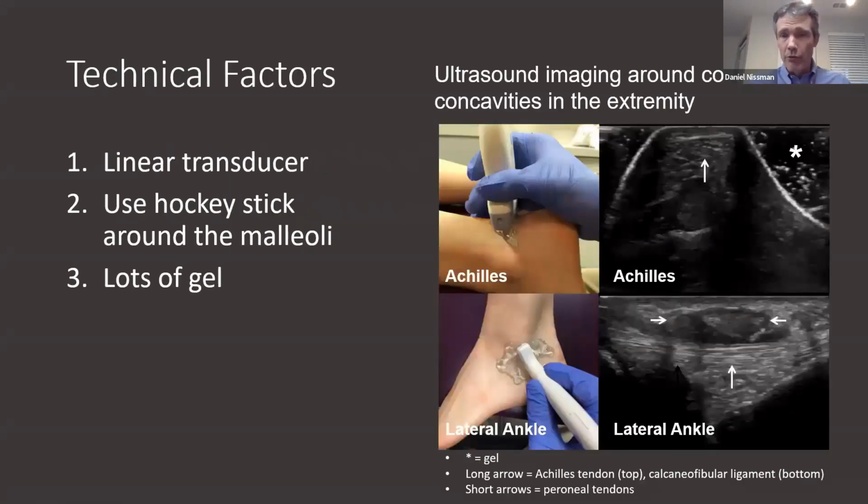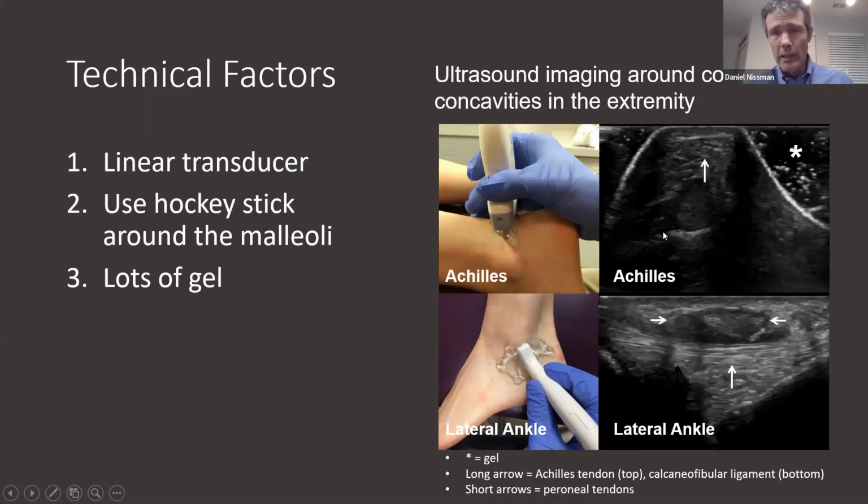In terms of the foot and ankle, it's unusual because there are a lot of nooks and crannies, such as around the malleoli. Using a small footprint linear transducer like you see here, you can see things like the peroneal tendons and the very nice calcaneofibular ligament, which you might not see quite as well with a larger linear.